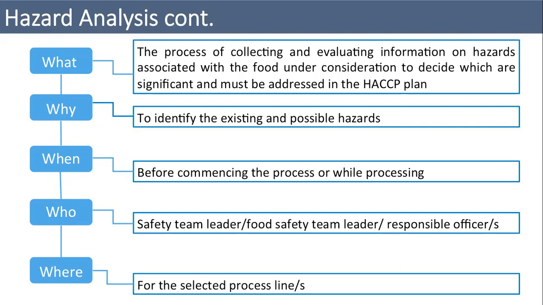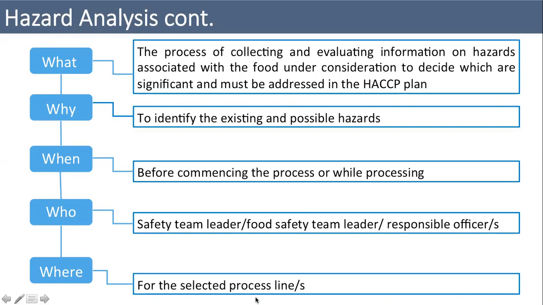As an example, we can take Nature's Secret. They have different products, different product lines. So if you are going to develop a hazard analysis and HACCP plan, it is important to develop it for all the processes, not for the common one, right?